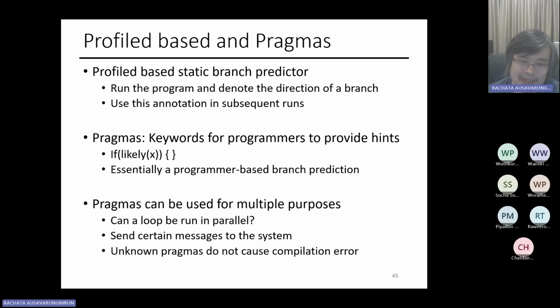Pragma can be useful for many other purposes, like can I run the loop in parallel. Many implementations of OpenMP rely on Pragma. You can send messages to the system, and if you have bugs in your Pragma syntax, it doesn't cause a compilation error. It will still run without the Pragma.